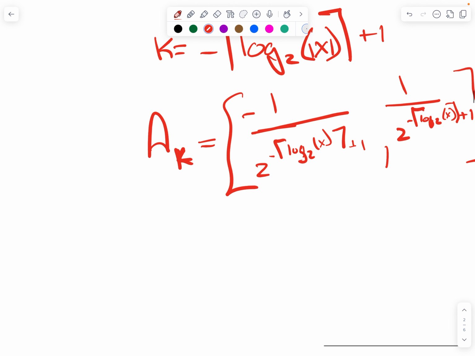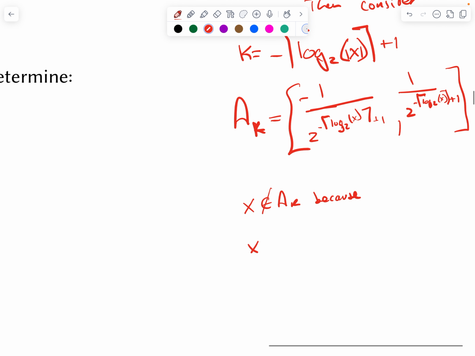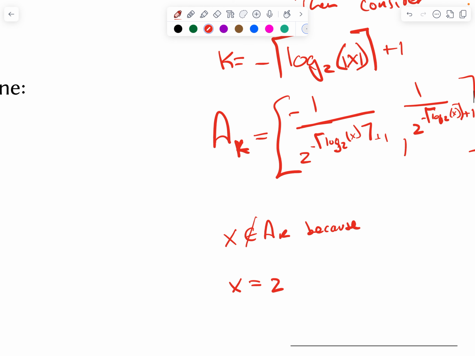But anyway, consider this set. It turns out that x is not a member of A sub k, because x is equal to 2 to the log base 2 of x.